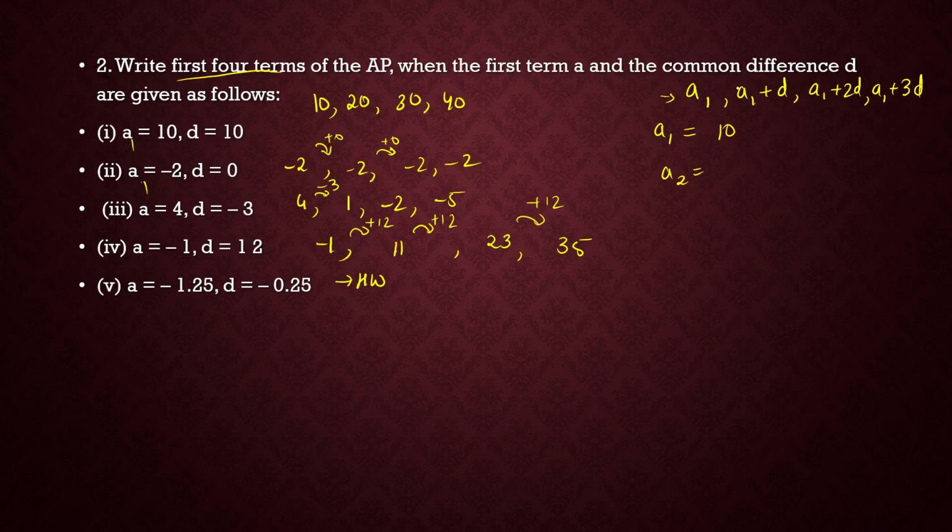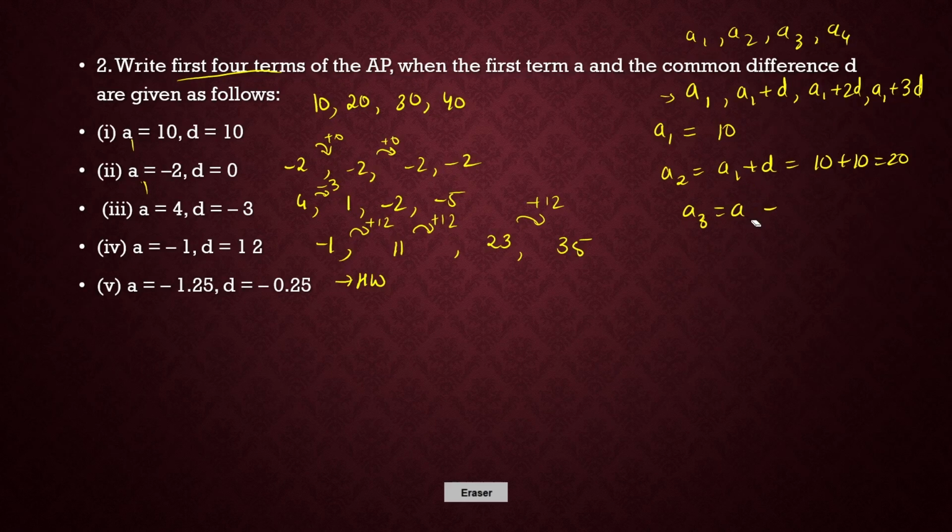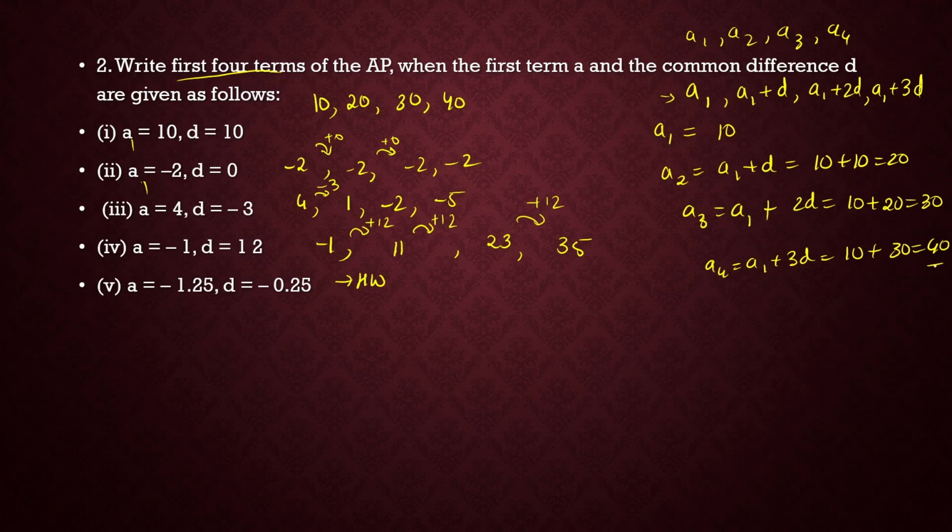A2 is equal to A1 plus D, so that is equal to 10 plus 10. Next, A3 is equal to, not A2, A1 plus 2D, right? So that is 10 plus 2 into 10, that is 20, that is equal to 30. A4 is equal to A1 plus 3D. So that is equal to 10 plus 3 into 10, that is 30, that is equal to 40.